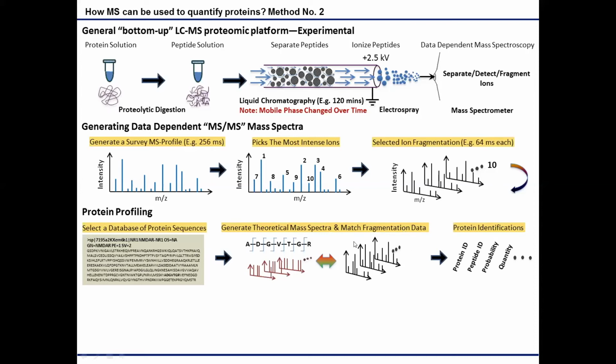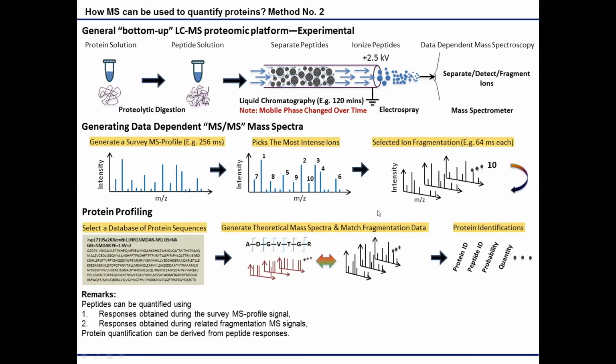Now, if you look at this entire workflow, there are two main places where we can use a response of the peptides to quantify how much of a particular peptide is there. One is the survey MS profile. The other one is the fragmentation profiles.